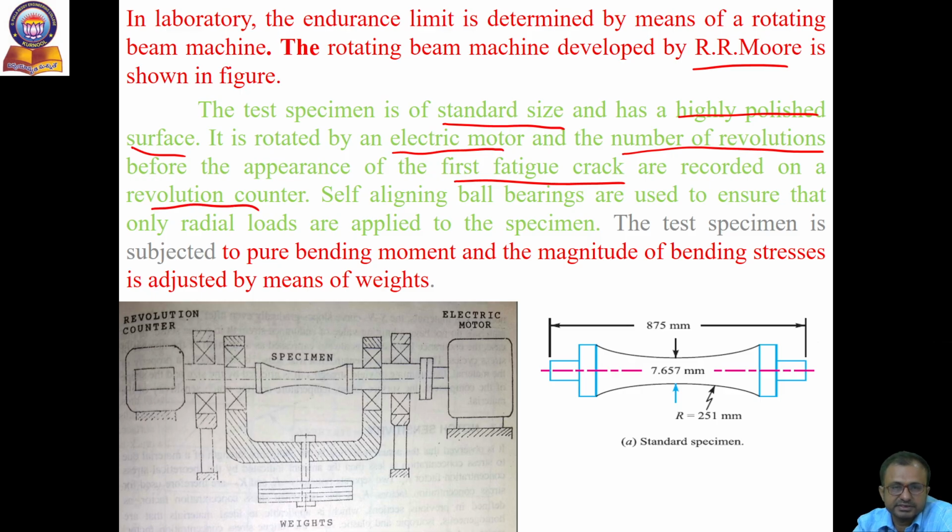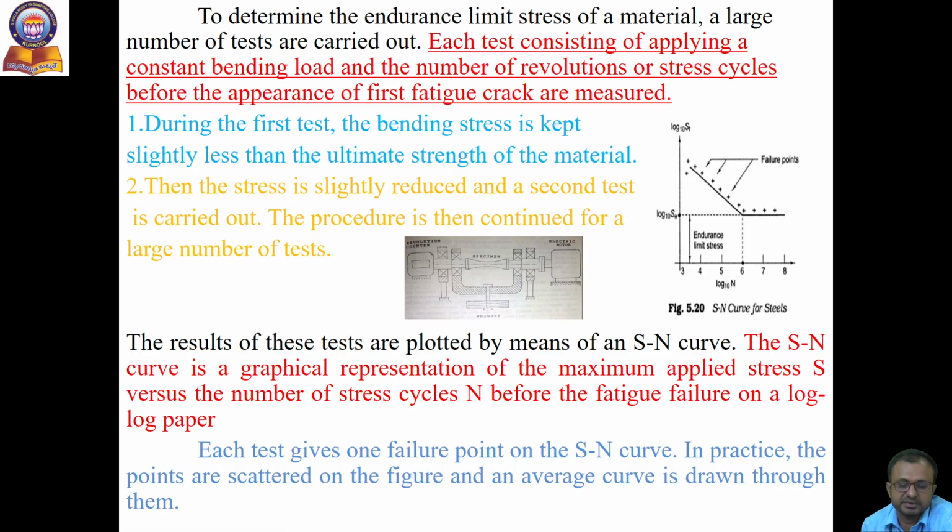Self-aligning ball bearings are used to ensure that only radial loads are applied to the specimen. The specimen is subjected to a pure bending moment. The magnitude of bending stresses is adjusted by means of these weights. So this is the schematic arrangement.